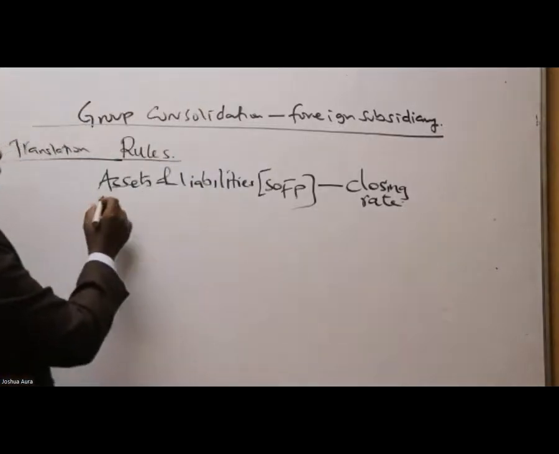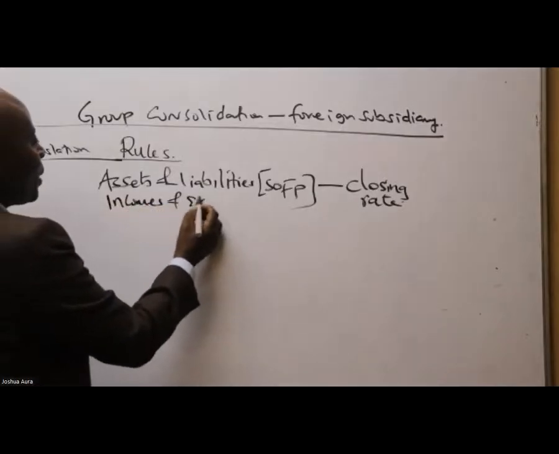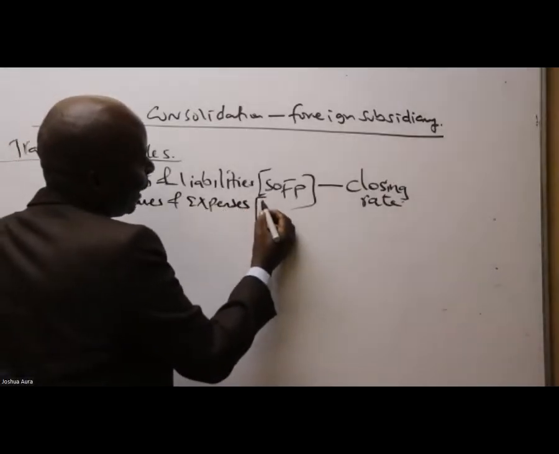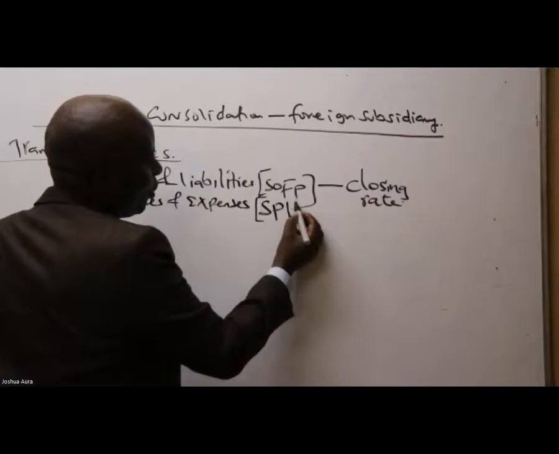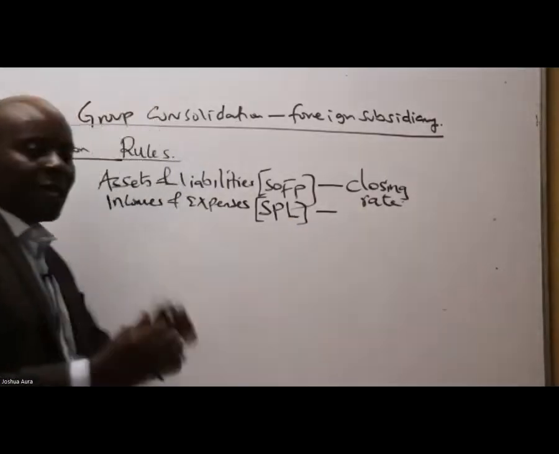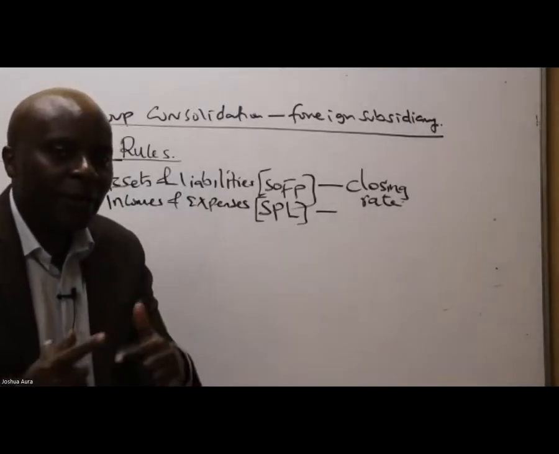Of course, if it is incomes and expenses, which we shall be getting in the statement of profit or loss, income and expenses accrue almost evenly in the whole year.